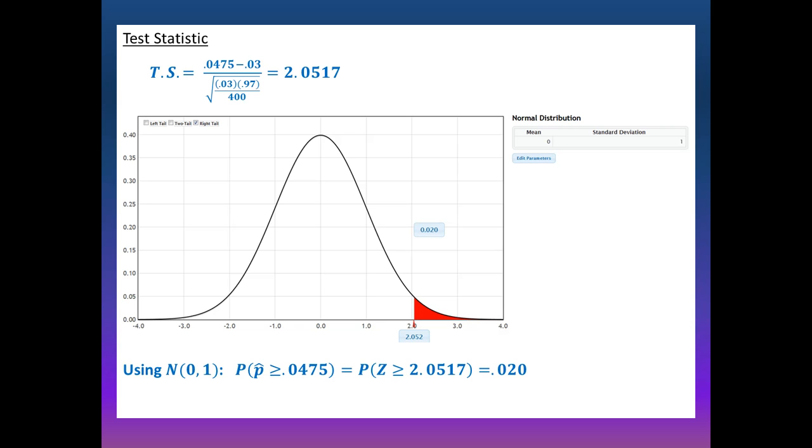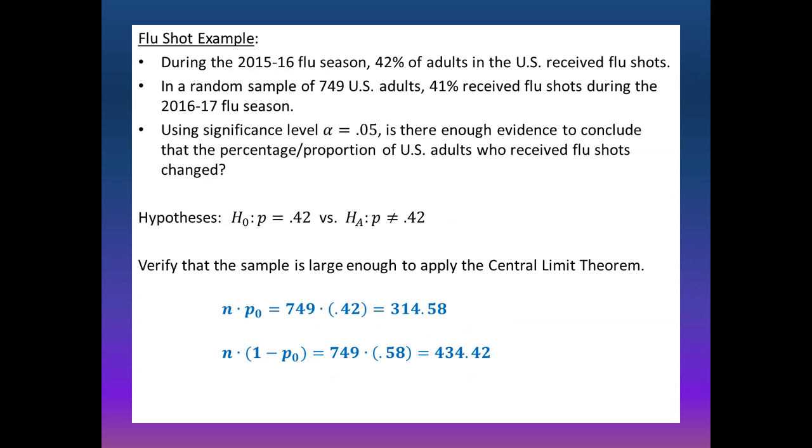Still a right tail, but now the cutoff is the test statistic. Again, StatKey only accepts it to 3 places, which is why it's 2.052. And then what you get for the p-value is the same. It's 0.020.